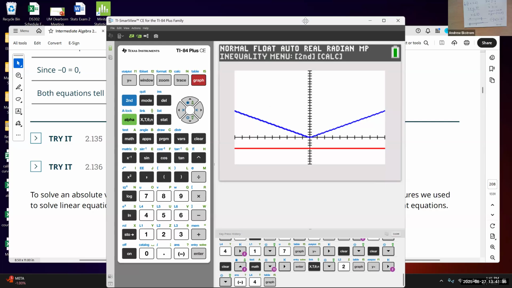Since the two lines don't touch, there is no answer. So again, if the problem asks you for what is the solution here, it's going to be the circle with the line through it to say the null set, because there is no answer that works. What does the interval look like? Again, it's just going to be the null set.